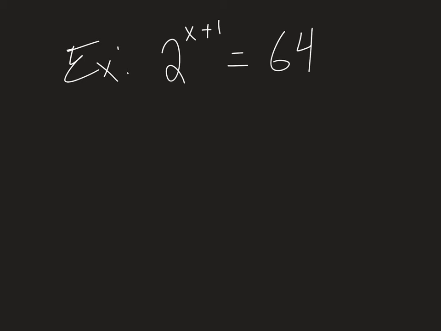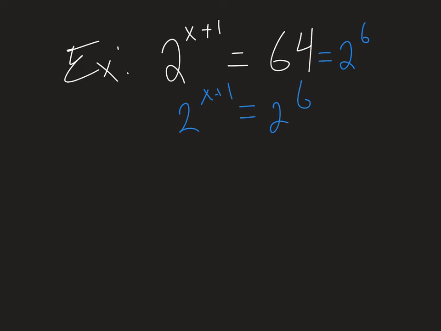So let's take a look at this one. Unlike the other one, I don't have 2 to a power on both sides of my equation. I have 2 to the power of x plus 1 on one side and 64 on the other. Knowing what I know about the powers of 2, I know that 64 is 2 to the 6th power. So 2 to the x plus 1 must equal 2 to the 6th.